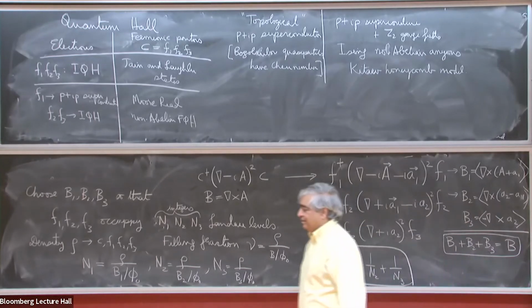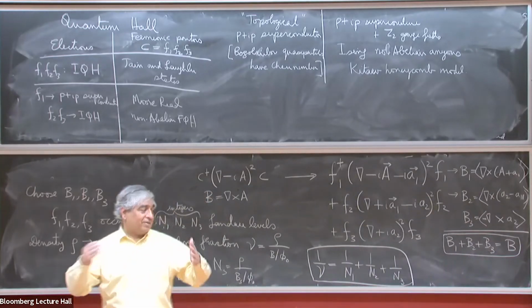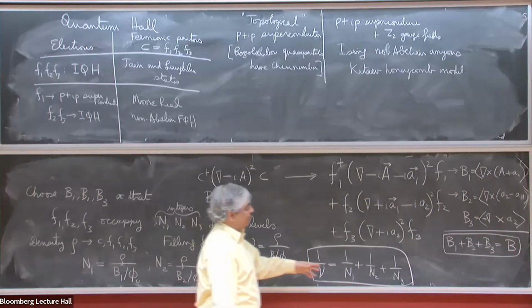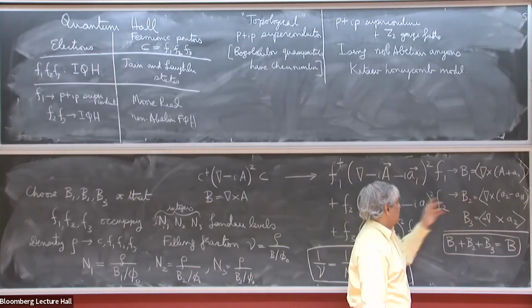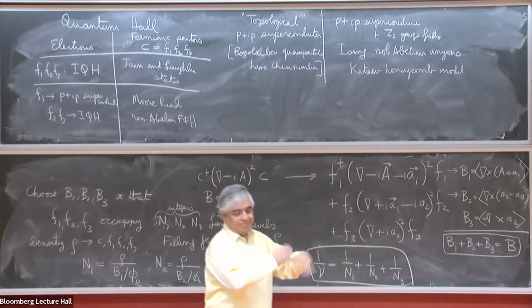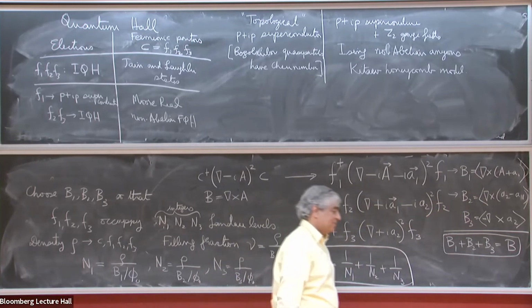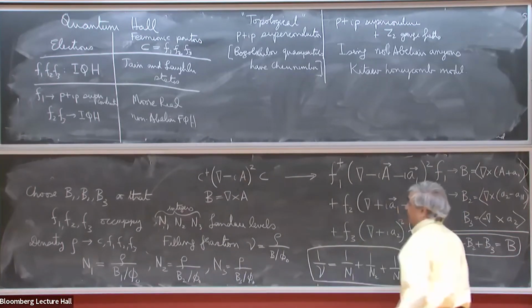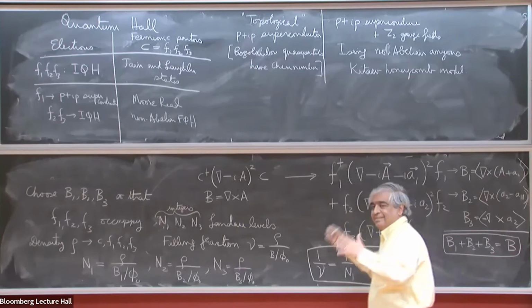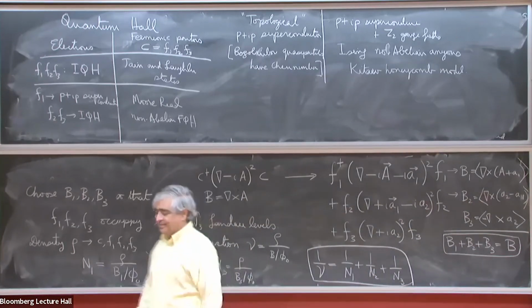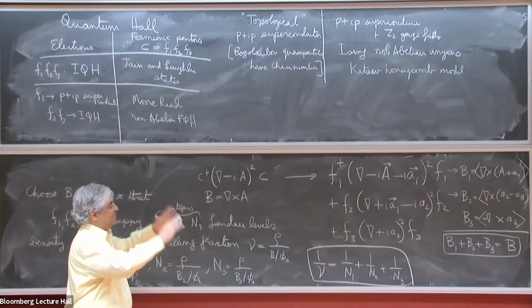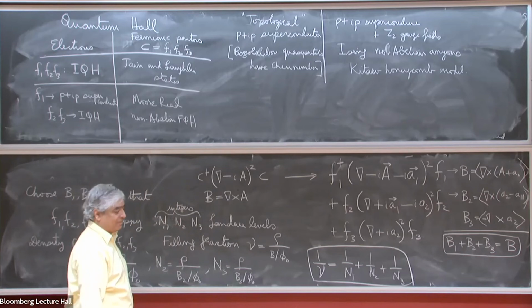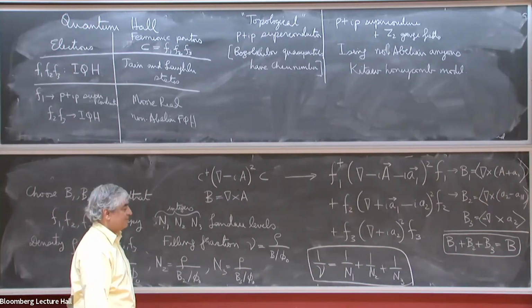Okay. Now you can, of course, look at fluctuations about this state by looking at fluctuations of the gauge fields about this state. And that gives you a whole bunch of Chern-Simons terms, which are a bit more complicated than a chiral spin liquid, but we can work it all out. It's not that bad. It's just many different Chern-Simons terms if you keep track of all the matrix structures.